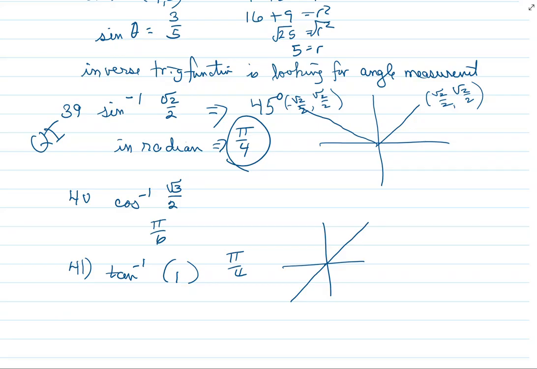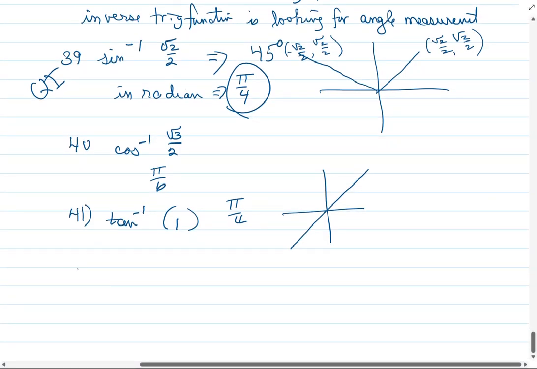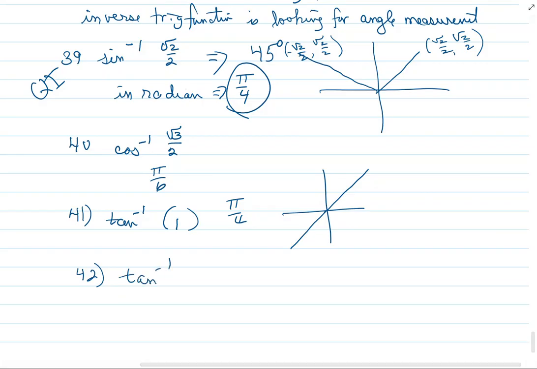Okay. Now let's look at 42. Tan inverse of the square root of 3 over 3. Tan is what? Y over x, right? Well, where is y in the square root of 3 over 2? At pi thirds. It is 1/2 and the square root of 3 over 2.